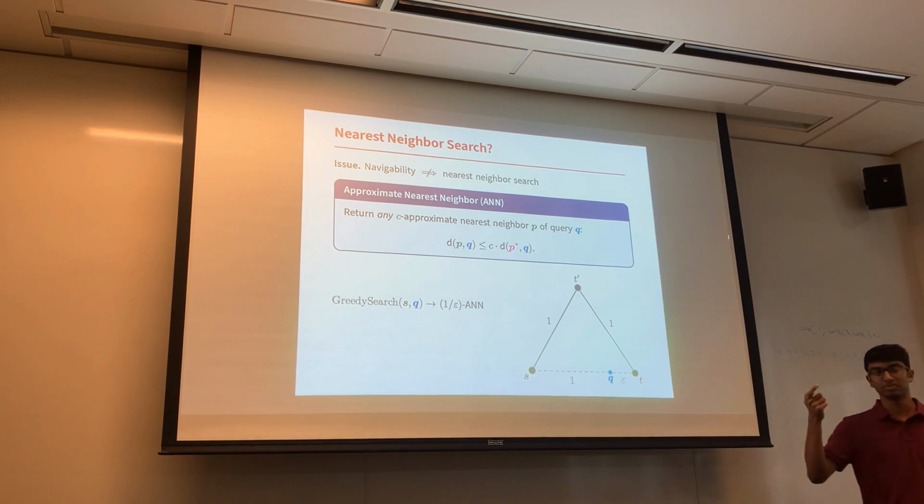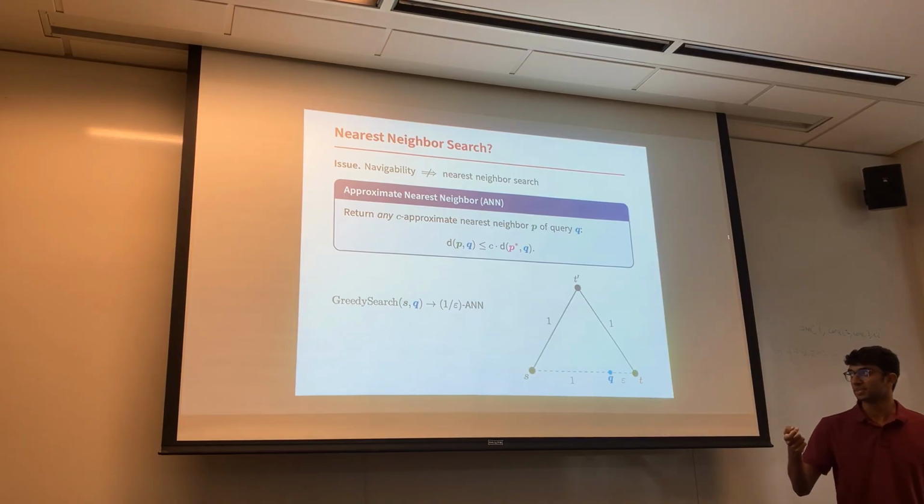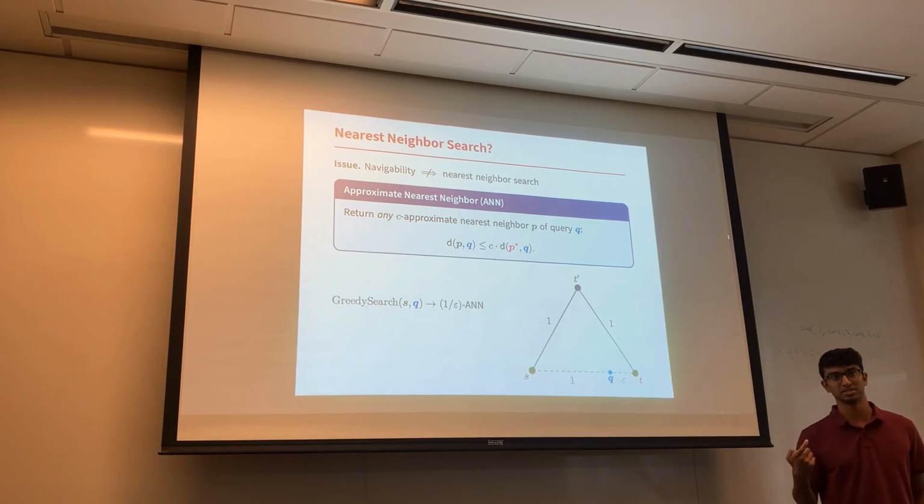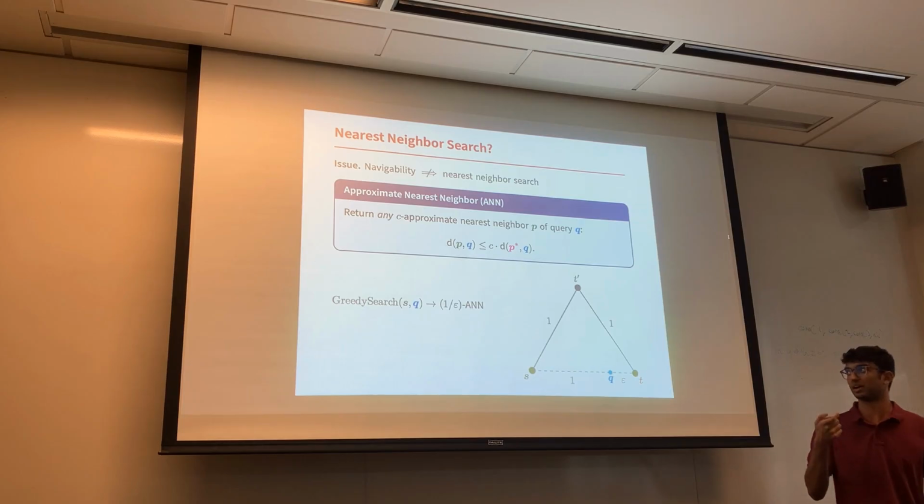The reason is that if I took the edge to T prime, that would move me further away from my query point. So my greedy search will return the point S, and this is a problem because my distance to the query is now 1, whereas the true nearest neighbor distance is epsilon. And epsilon can be made arbitrarily small, which drives my approximation factor arbitrarily large.